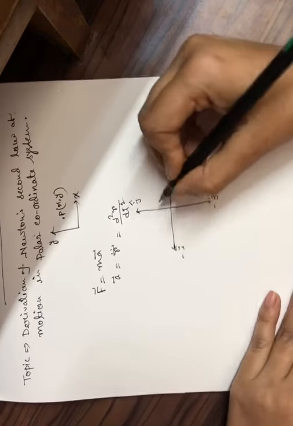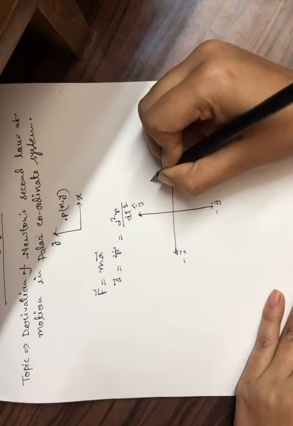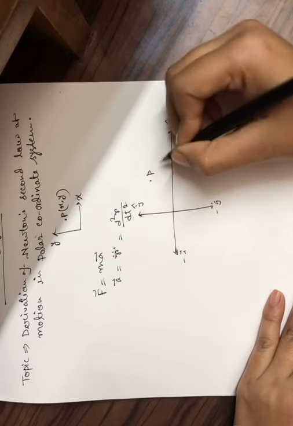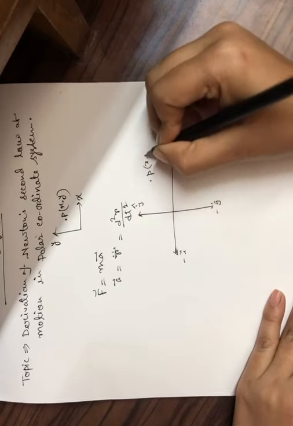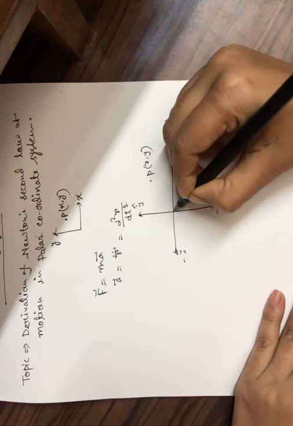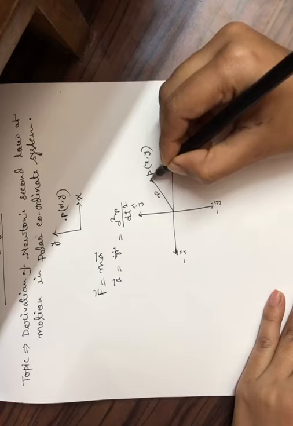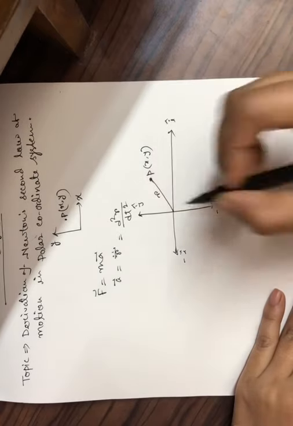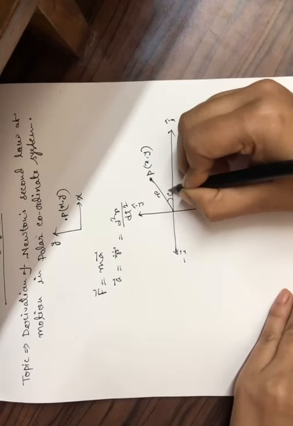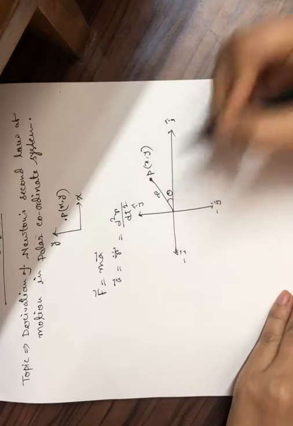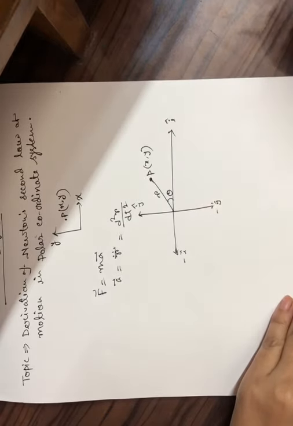Now let us find the position of a particle p over here. This is the distance r, the distance between the origin and the particle, and this theta is the angular displacement from the x-axis.